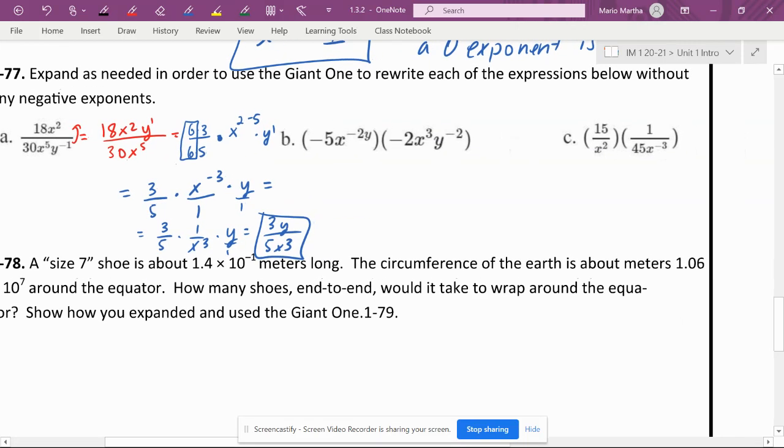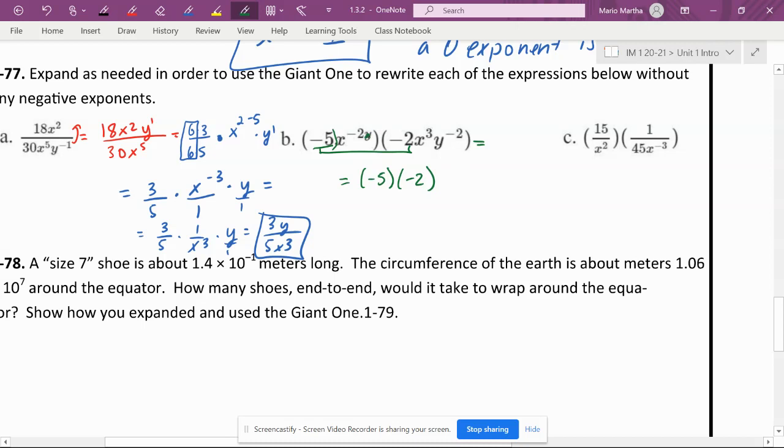Now, in problem B, we have negative 5 times x to the negative 2 y, and then times negative 2x to the third times y to the negative 2. The first thing you want to do is put the numbers together. Let's group these two, negative 5 times negative 2, and then group the x's.